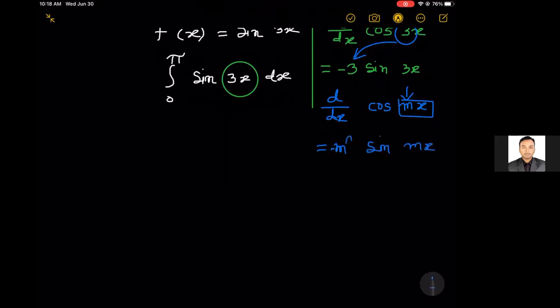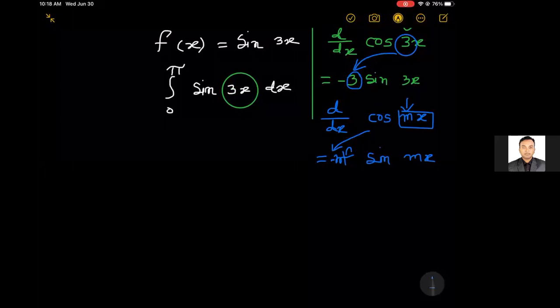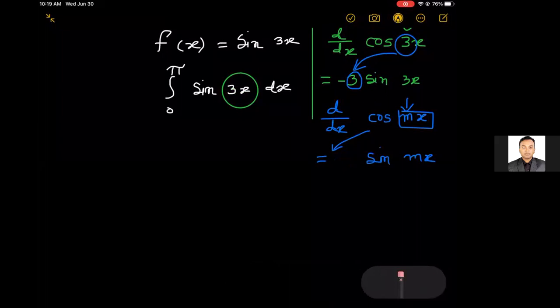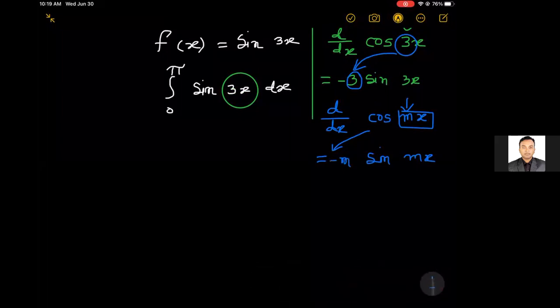Obviously this negative is because it's coming from cosine. There may not be a negative for some other functions. That's not the case. The case is this m comes in front. If we have any coefficient in the angle, then it comes in front like this. This is m, by the way. Let me write it clearly. M, right? This m comes in front.